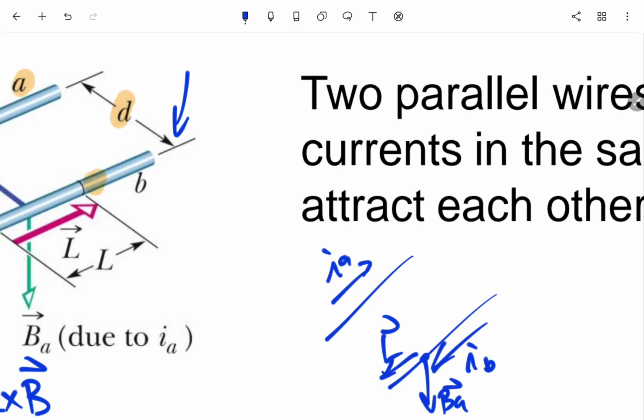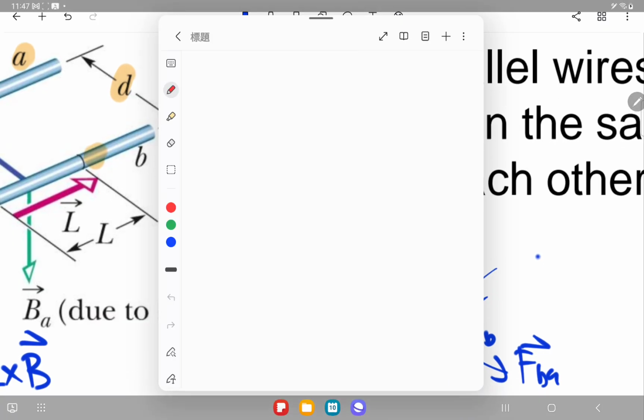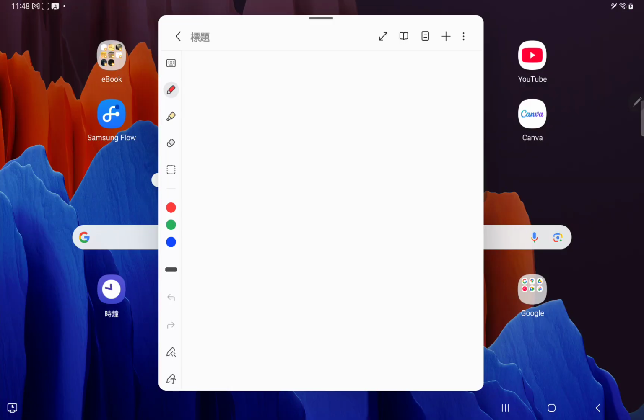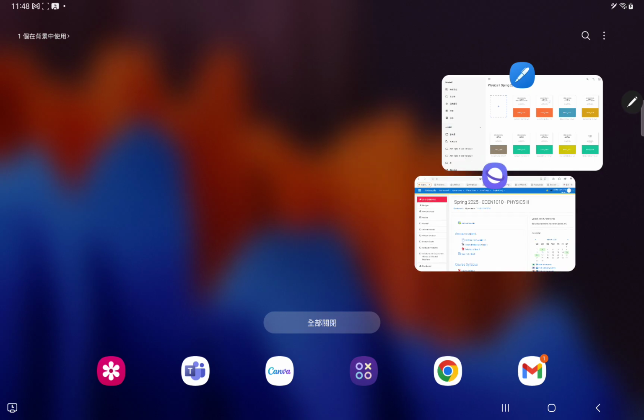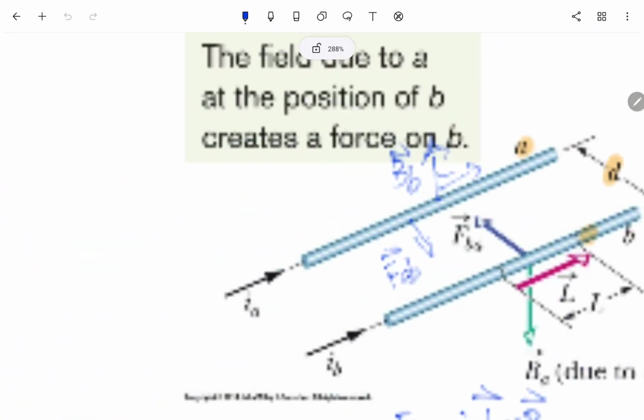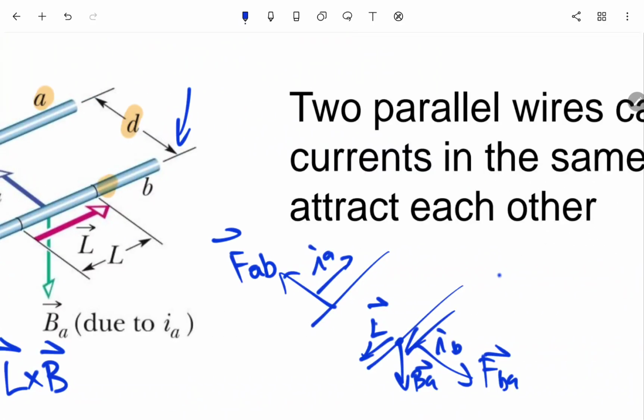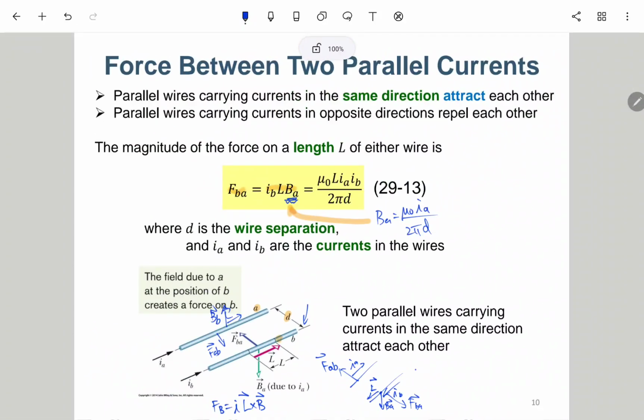So F_BA will be pointing to the opposite side of F_AB. So the forces depend on whether the directions of these two currents are the same. If they point in the same direction, the wires will attract each other. Otherwise, they will repel each other.